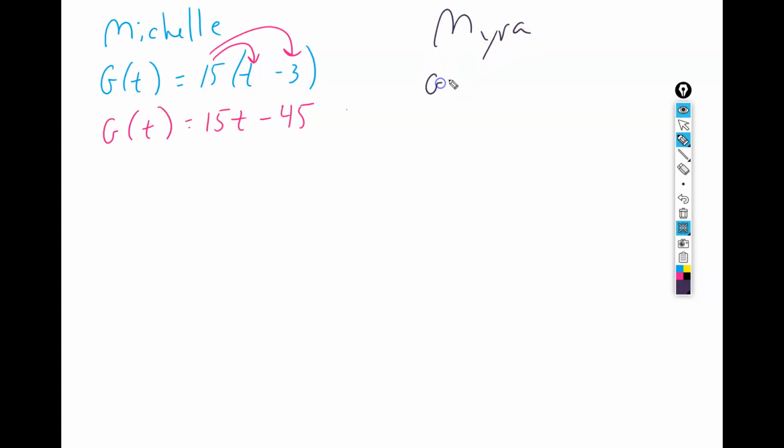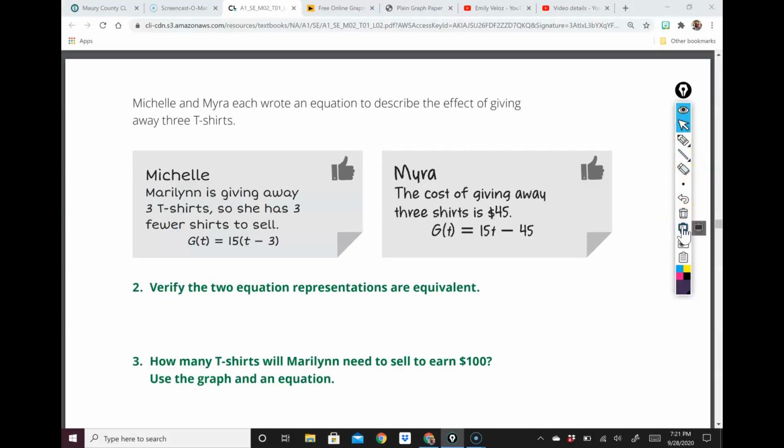Myra said g of t equals 15t minus 45. Notice after we simplified Michelle's equation, it was the same as Myra's. Verify the two equations are equivalent. And we did that. All you had to do was distribute the 15.